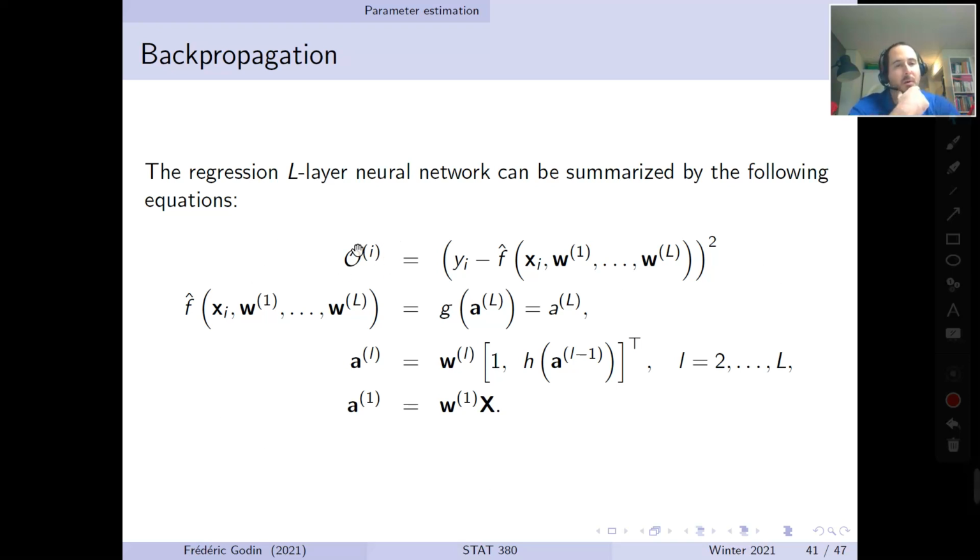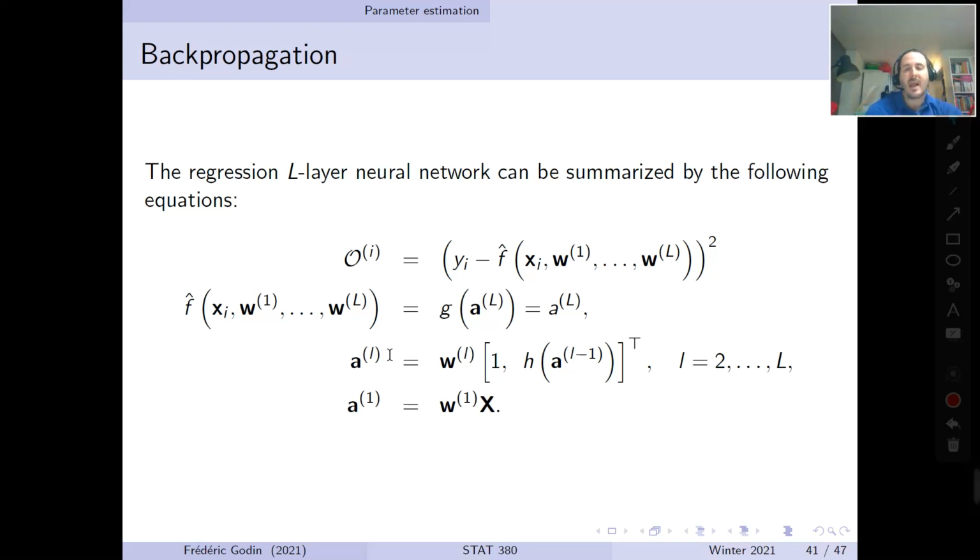The ith component of the objective function in the least squares setting is the ith response, the response for the ith observation in your data, minus your prediction made for that ith observation, squared. And the prediction is the final activation function applied to the last activation, which we said was in one dimension. So this is AL, and G is the identity function, so G simply disappears here. So this is what we have.